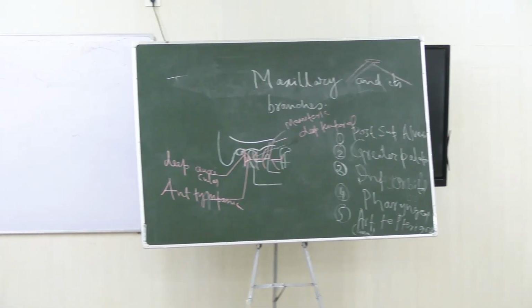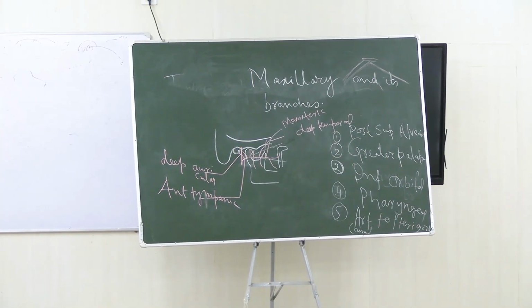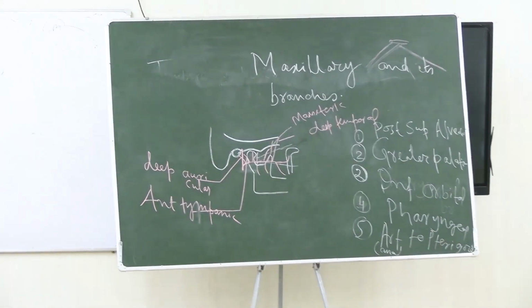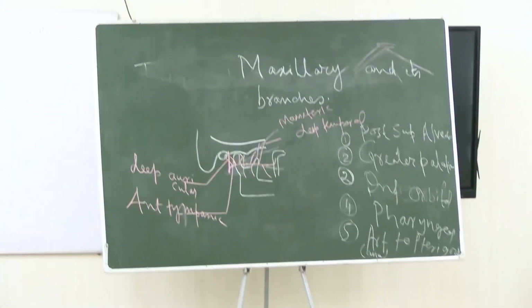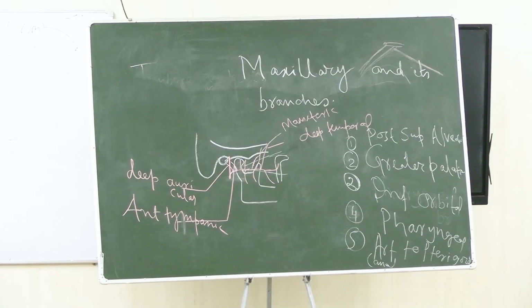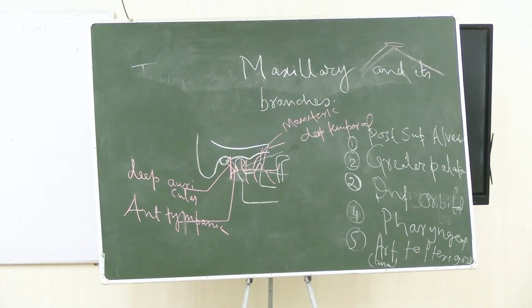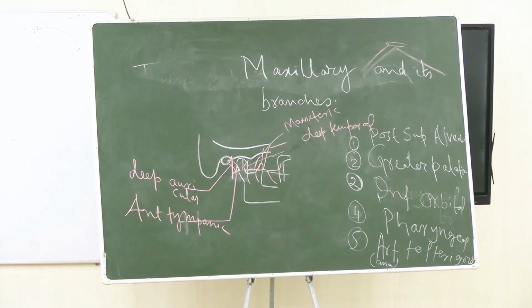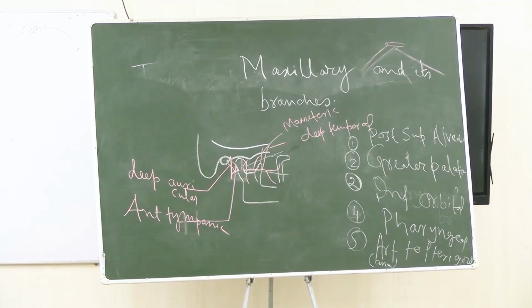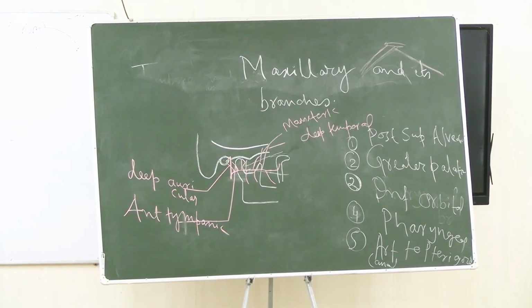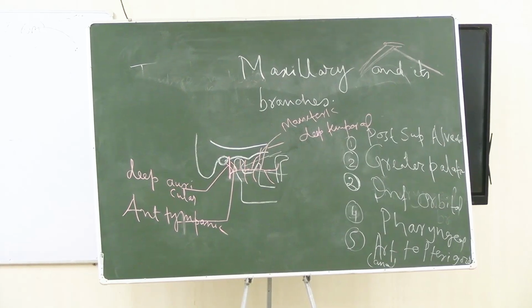Number one, the facial vein. The facial vein is connected with the pterygoid venous plexus by the deep facial vein. That deep facial vein lies at the anterior margin of the masseter. It pierces the buccal pad of fat and enters the pterygoid venous plexus, right?